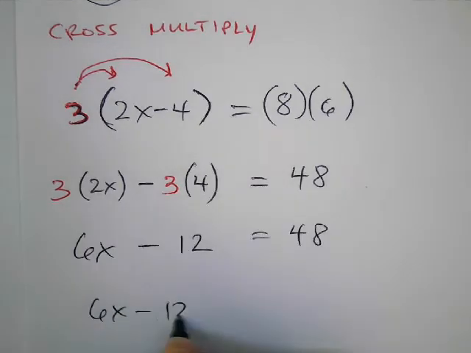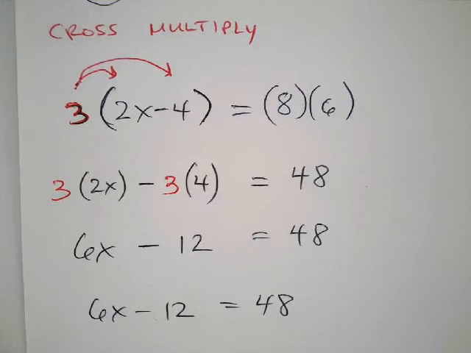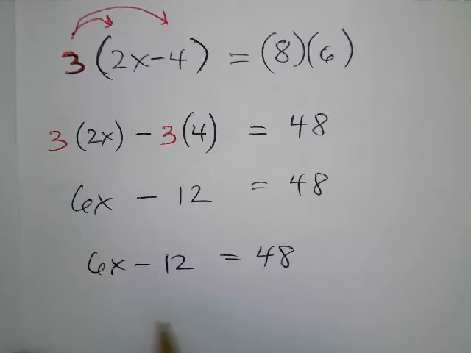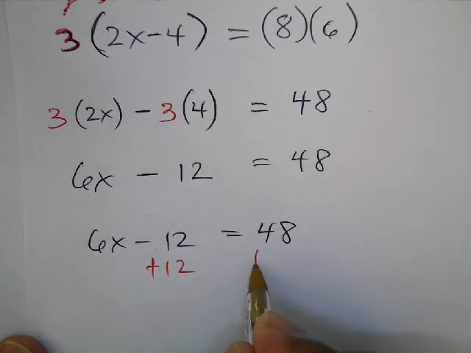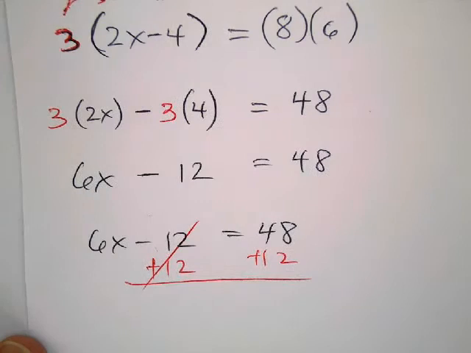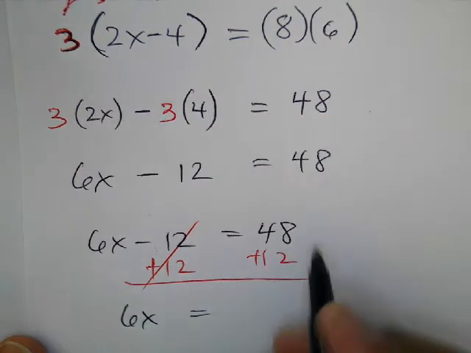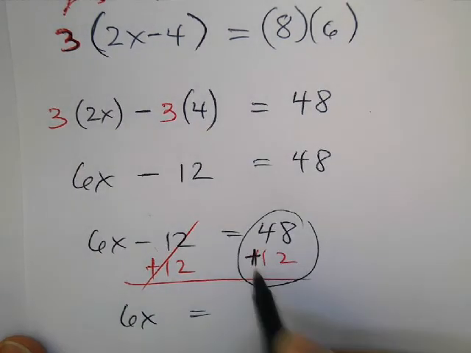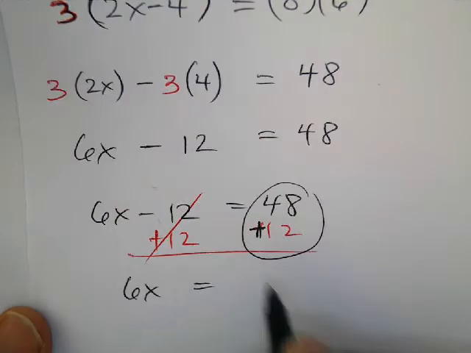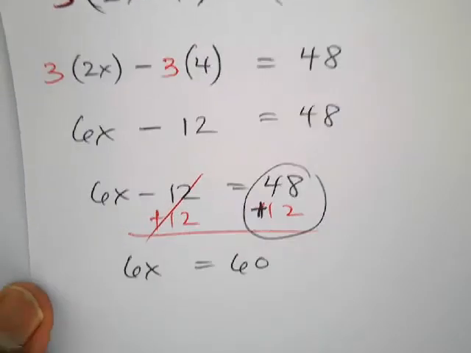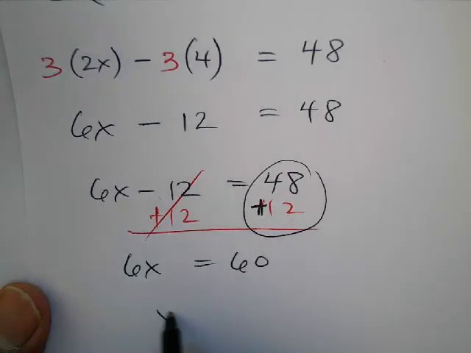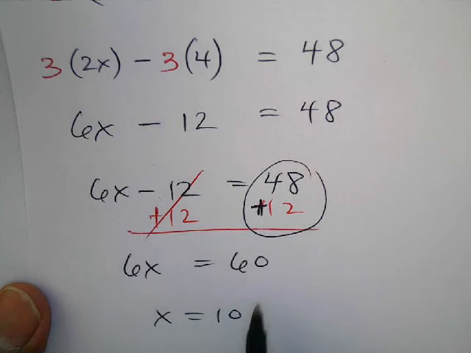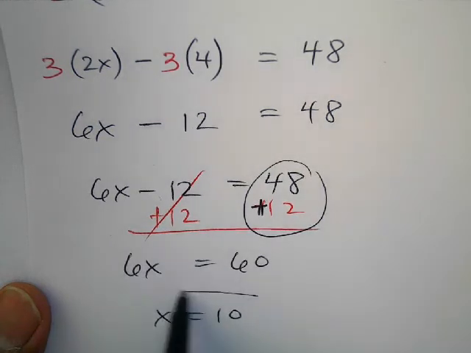How do you solve 6x minus 12 equals 48? I want to get x by itself, so add 12. 48 plus 12 happens to be 60. Then when you divide by 6 and divide by 6, your answer is 10.